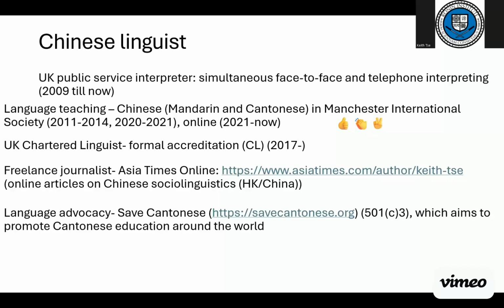That's a 501(c)(3) organization in the US that aims to promote Cantonese around the world. So again, in addition to my research, I've also been doing some other things as well, for which I've been using Chinese as my language.